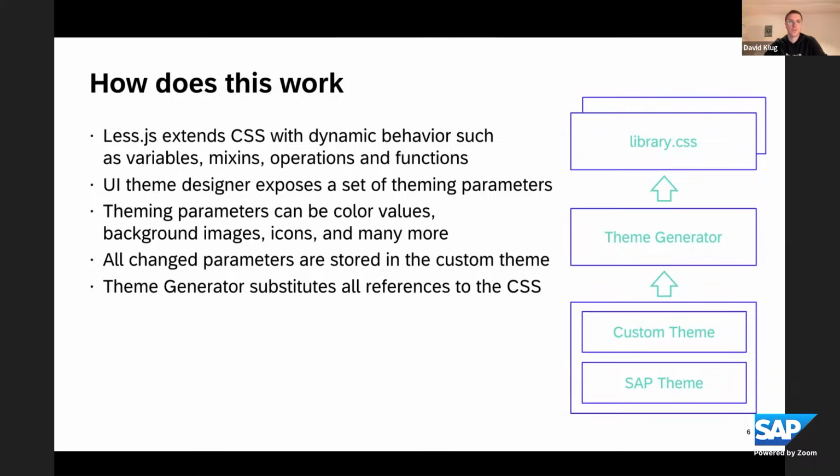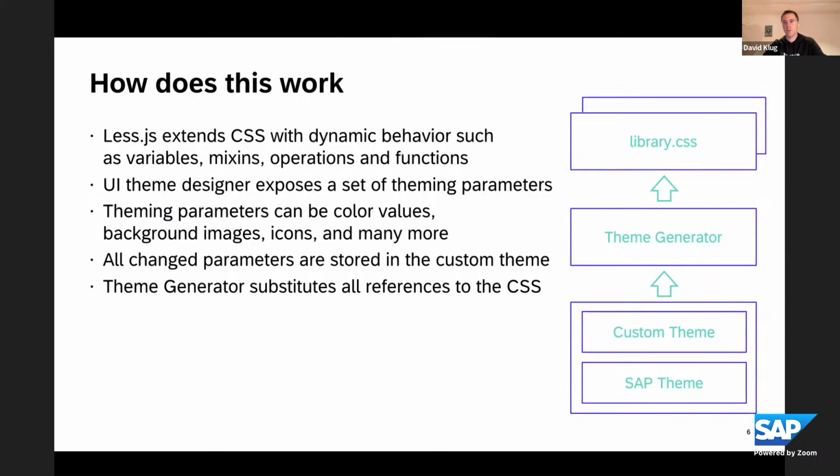These theming parameters then can be different color values, background images, icons, and many more. Dominic will give you more insights on that later. In the end, all changed parameters are stored in your custom theme, and the theme generator will substitute all references to the CSS files.